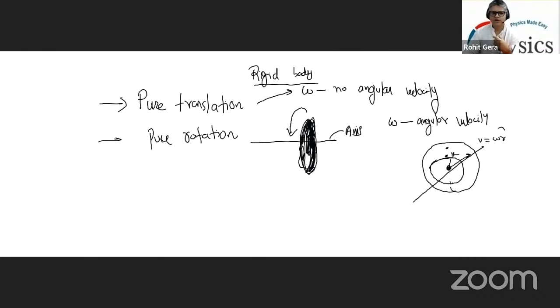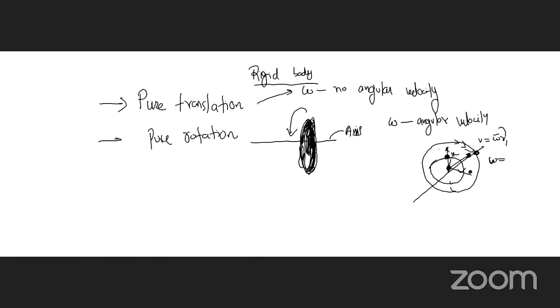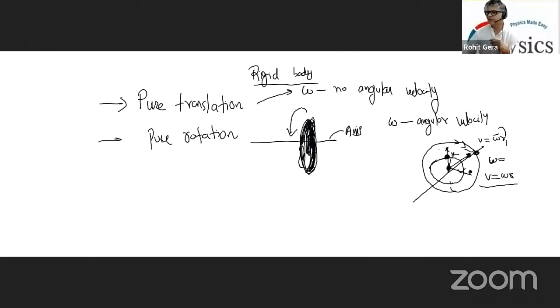Radius is different for this particle and this particle and this particle, right? So supposedly the motion is clockwise. So this particle has a different velocity, this particle has a different velocity, depending on the radius. So omega is same because it is covering same angle in the case of pure rotation in the same time. ओके। So v is equal to omega r. I think this we have already done in circular motion. v is equal to omega r.